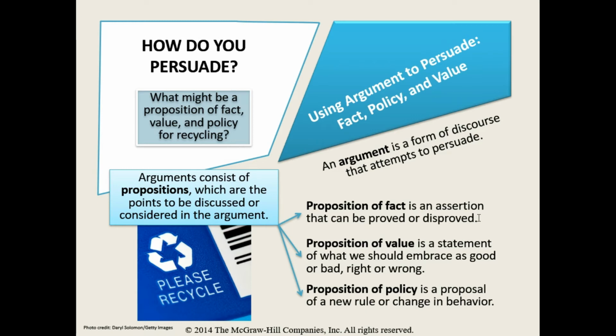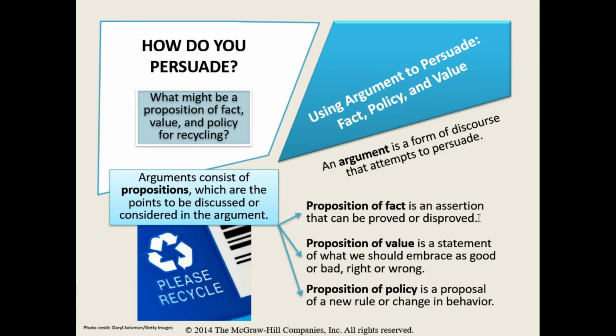Proposition of value. It's a statement of what we should embrace as good or bad, right or wrong, beautiful or ugly. So think of the value that it has. If something is good or bad, you could take any position you want on that. Gun control. Is it good or bad? Gun control in some people's minds is being able to hit the target.